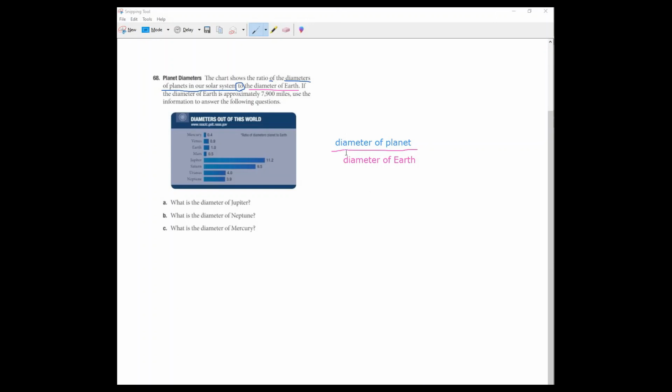So when it says, what is the diameter of Jupiter? Well, when I look at the chart, the ratio is 11.2. So the thing that we're trying to figure out is the diameter, and I'm just going to use D so that I don't type so much. So we're trying to figure out the diameter of Jupiter.